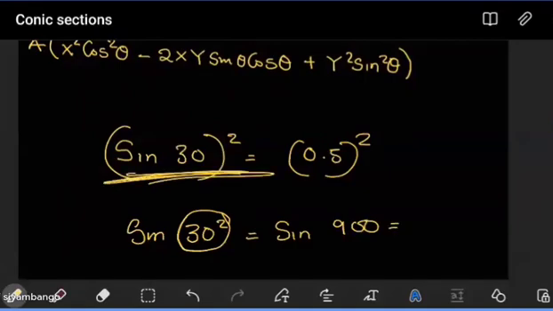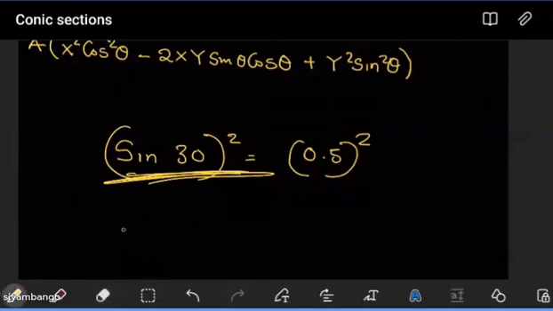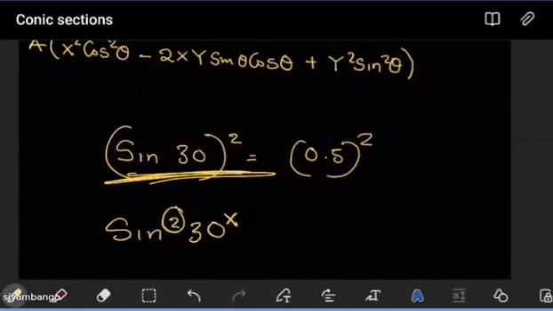It'll give you something else. Instead, the correct representation is to write it as sine, and then the square comes here, and the 30 comes here. The idea is that what is being squared is not the 30, but the sine itself. So sine 30 is what is being squared. You get why we write it there? I get it. Thank you. Great.